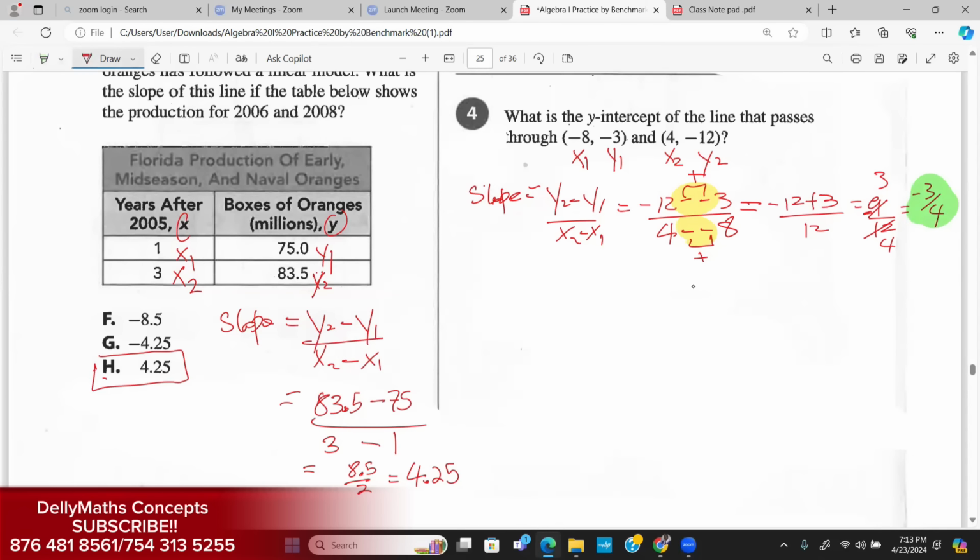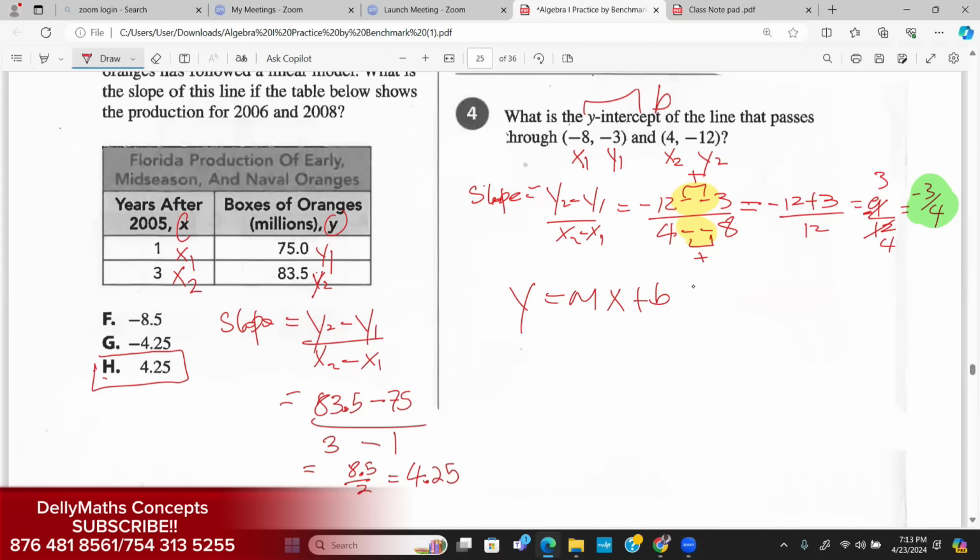Now, having had my slope, remember, y is equal to mx plus b. I'm going to write the equation in slope intercept form, and then from that, I'll be able to find the y-intercept because my y-intercept is b. So let us rewrite this and pick a point, any point of choice.